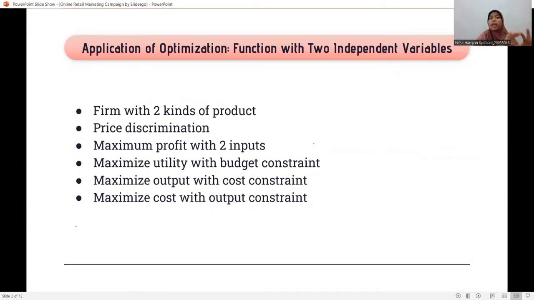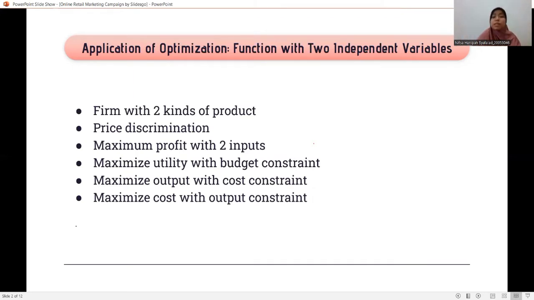Let's discuss the first material, the application of optimization of functions with 2 independent variables. Here, there are 6 applications of optimization. The first is a firm with 2 kinds of product. The second, price discrimination.